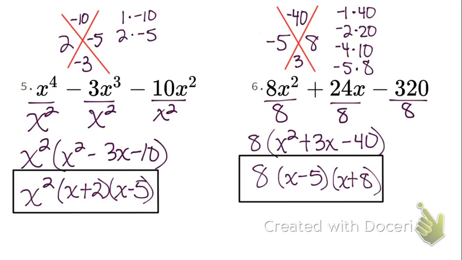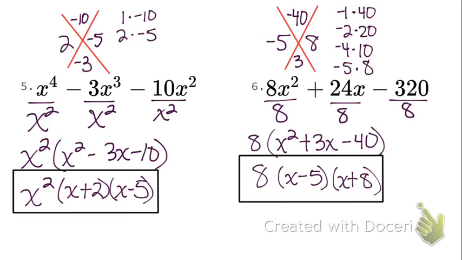All right, so we've got the solutions up for these two problems. If you need to, you can pause it to look at these a little bit longer. Compare your answers. The GCF for number 5 was x squared, so I kept that outside my parentheses the whole time. My leftovers gave me my x method to multiply to -10, add up to -3.